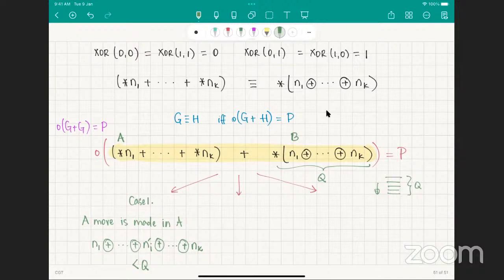Then the response of the second player would be to take Q and remove as many sticks as they need to remove to make the new pile match up to the new XOR. So let's say that this new XOR value is some Q prime. Then all you do is remove some sticks from here so that the resulting heap has size Q prime.